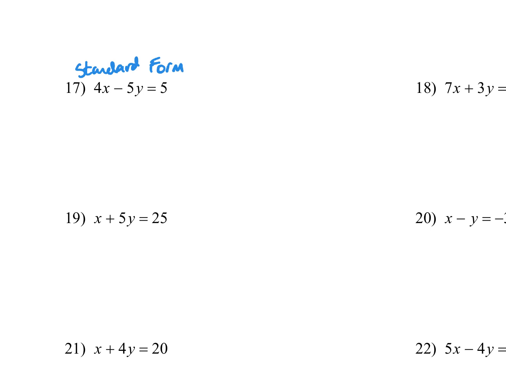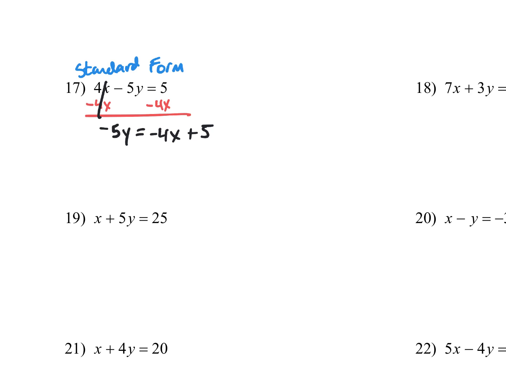So that means we have to put it in slope-intercept form. So this is exactly what we have done the last 2 days. So as you look at number 17, the first thing you got to do is subtract 4x from both sides because we're trying to get y by itself. So you get negative 5y equals negative 4x plus 5.